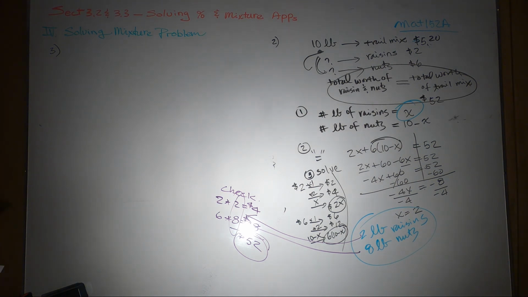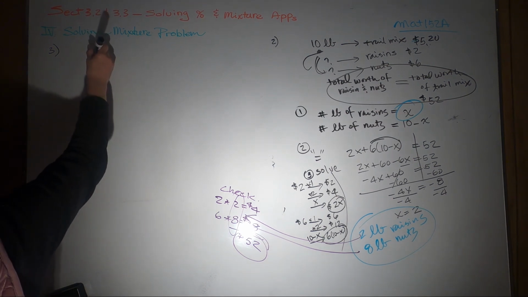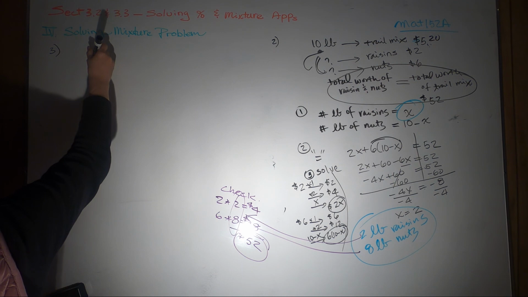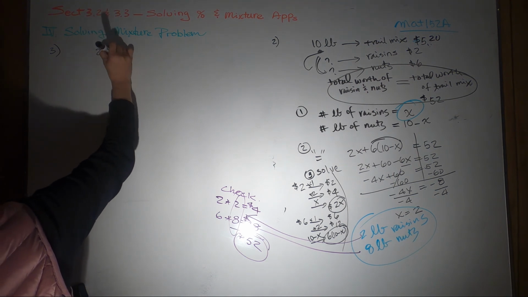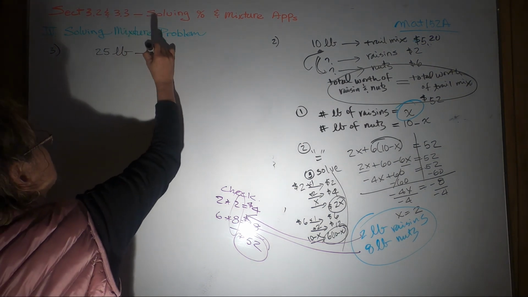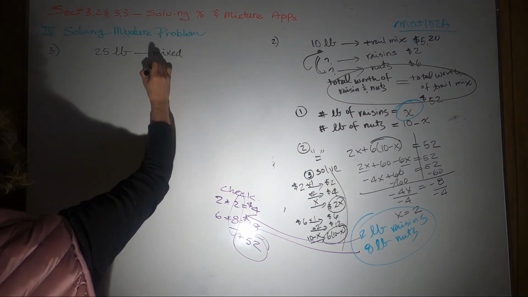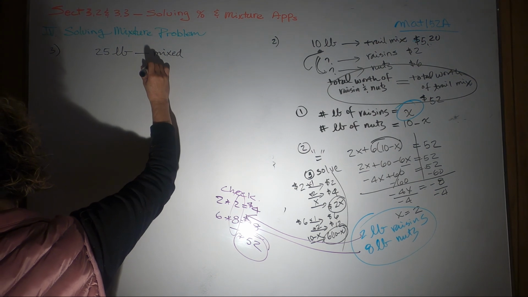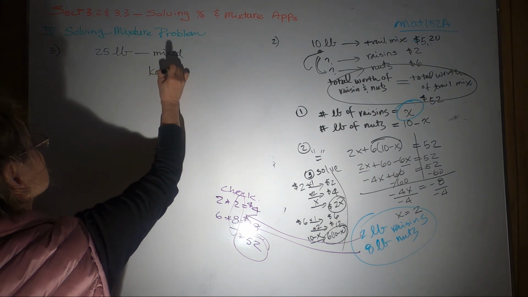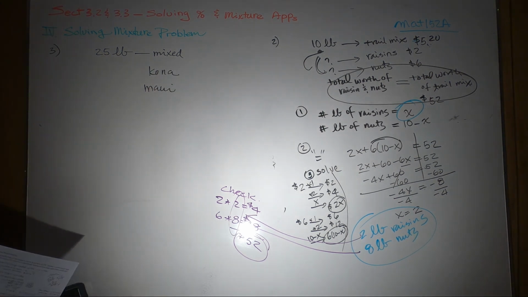Okay, so in total, if he has a coffee shop, right? He wants to make 25 pounds of coffee beans, okay? This is a mix, right? Which includes what? Kona bean and Maui bean, right?